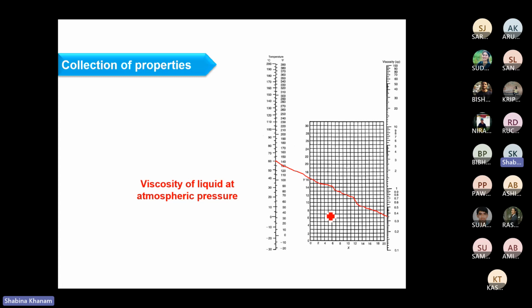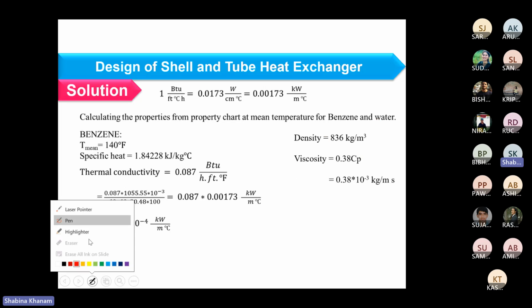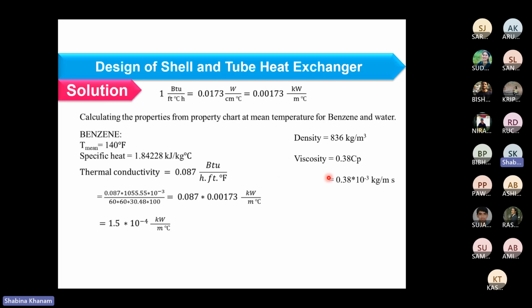If you make the straight line, that value will come as 0.38 centipoise. Okay, sorry, this is written in wrong way. C should be small and P should be capital, centipoise, right? So when we convert this, it is 0.38 into 10 to the minus 3 kg per meter second.